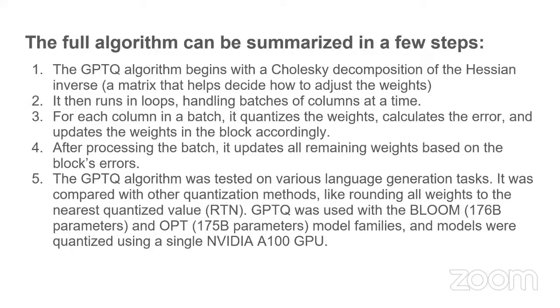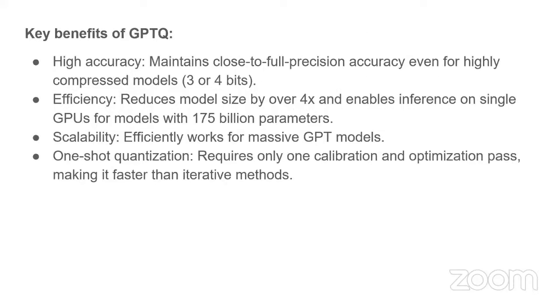Now, the key benefits of GPTQ are high efficiency, like processing large matrices with minimal computation overhead and batch quantizing columns. Accuracy preservation: it maintains model performance with reduced precision, outperforming simpler methods like RTN.